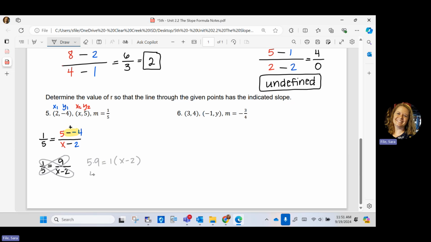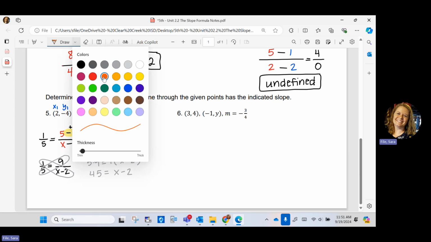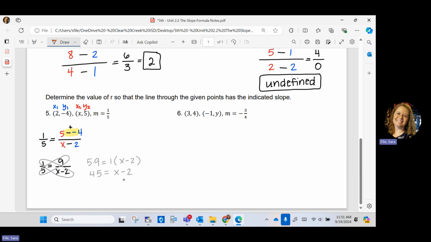Now 5 times 9 is 45. And then 1 doesn't change anything. Multiplying by 1 doesn't change it, so it's just x minus 2. So then I'm going to finish solving this for x by adding the 2 over. And I get that x must be 47.